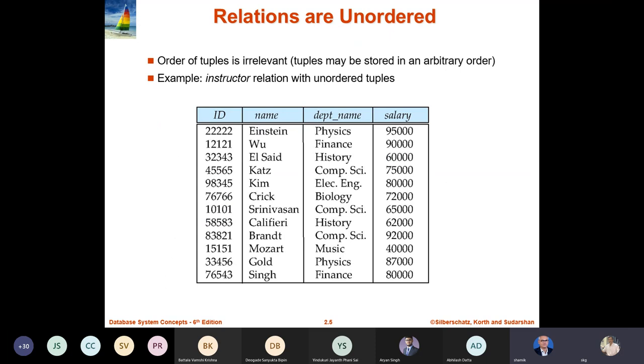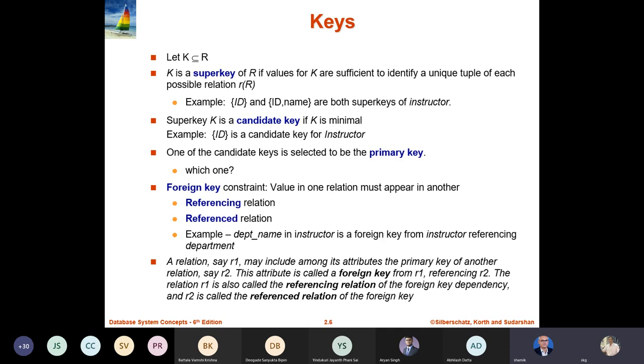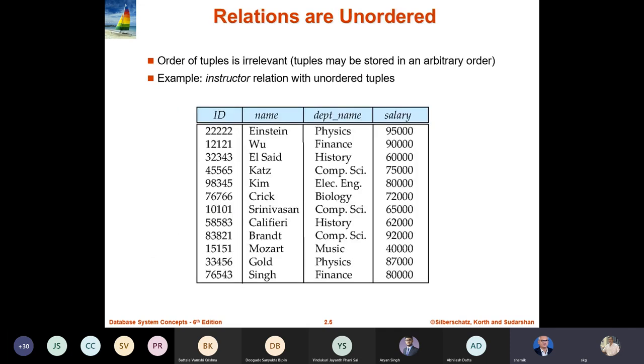Here in this particular case, I may say that the name is not repeated, at least considering this set of tuples, so name can be a candidate key, and ID is a candidate key, and things like that. So there can be different candidate keys. If there is a phone number and it is unique for all employees, usually, then we can have that as a candidate key.